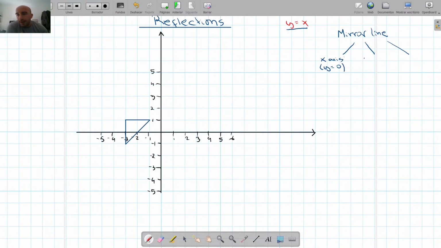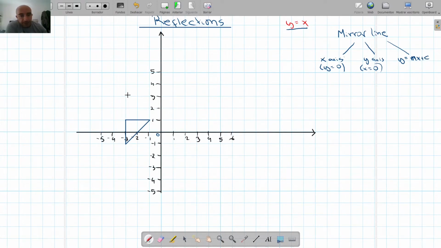It can be the y-axis, which is x equals 0, since in the y-axis all the points have 0 as an x. Or it can be any straight line, and straight lines follow the equation y equals mx plus c, where m is the slope and c is the y-intercept. Now we're given y equals x, so we're given a straight line.